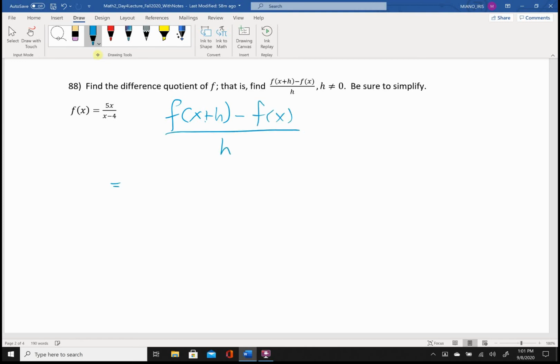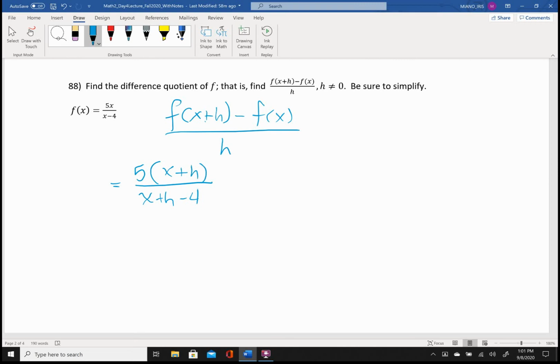For this particular function, f of x right here, it would be 5 times the quantity x plus h, all over x plus h minus 4. Now you can have your x plus h in the denominator inside of parentheses at this stage, or you can leave them off.